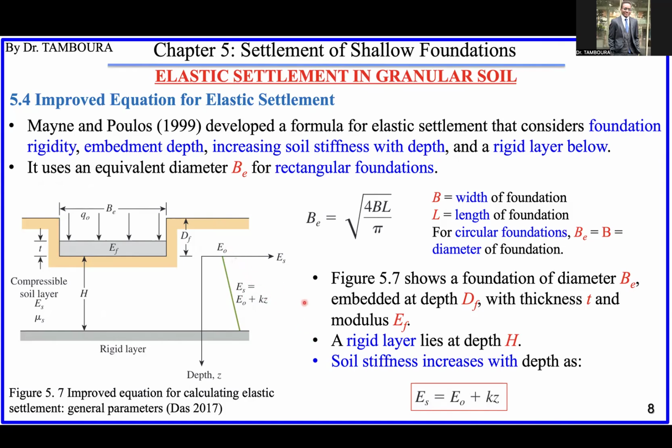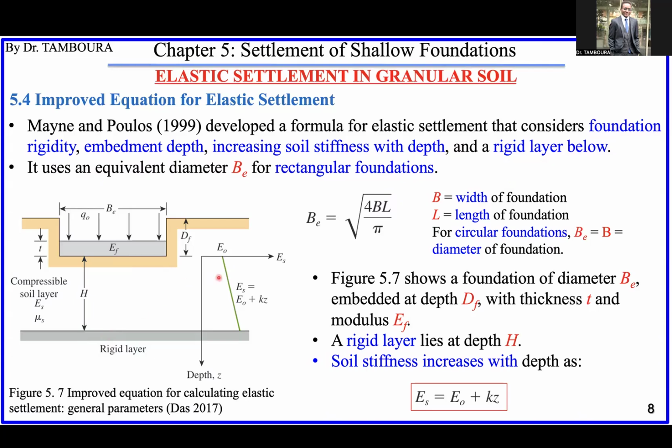It depends. Okay. But what we want now, to summarize everything, is a very good equation, a formula that can consider all these. It will consider the rigidity of the footing, which means EF and T. It will consider the embedment of the footing. It will consider the availability of a rigid layer under the footing, whether there is a rigid layer or not.